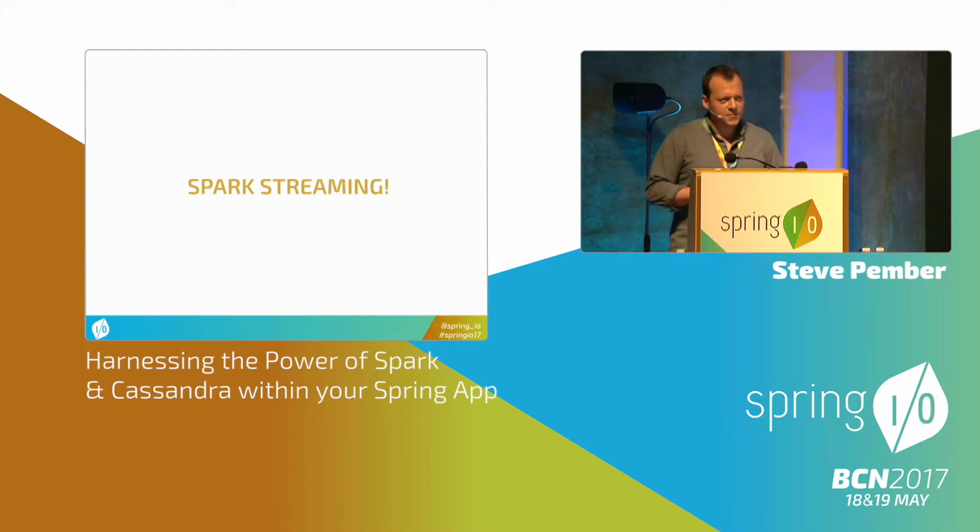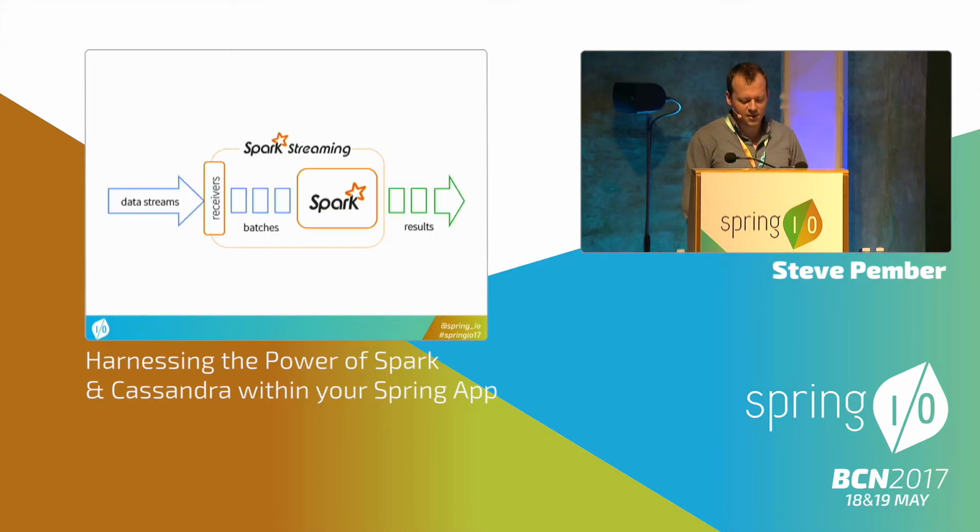A second module, Spark Streaming. You may have heard of this term before. It's becoming fairly famous, especially when you hear it mentioned in the same breath as Kafka. You read articles about people who are pulling streaming data off their Kafka stream and ingesting it in real time in their Spark cluster, and that's great.